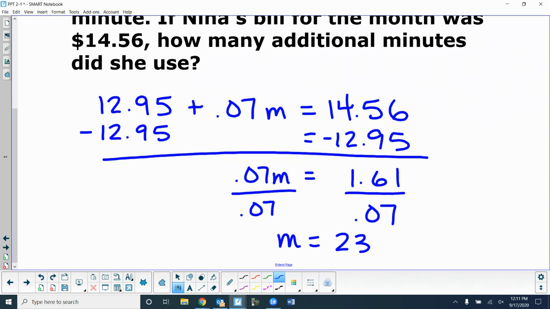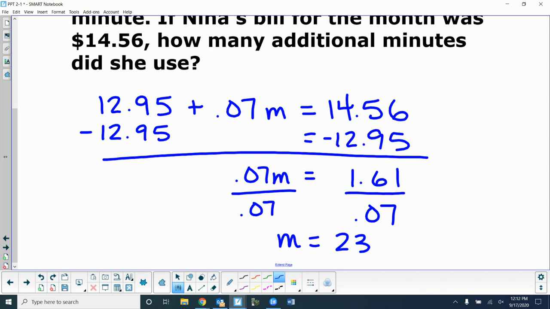Right, you just forgot the point 0 in front of the 6, or the decimal number. All right. So that means she was on the phone for 223 minutes that month, right?